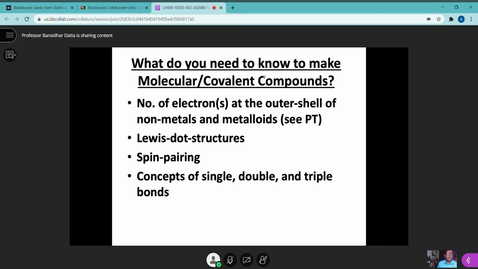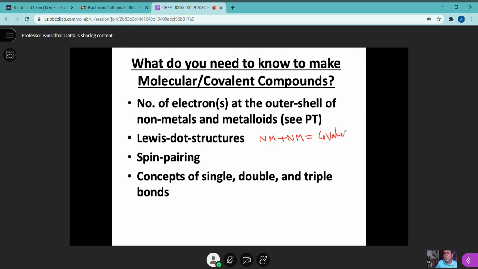You need to know the number of electrons in the outer shell of nonmetals and metalloids. Remember, molecular compounds are generated from nonmetals and metalloids. The way it goes is nonmetal plus nonmetal equals a covalent compound, or molecular compound.